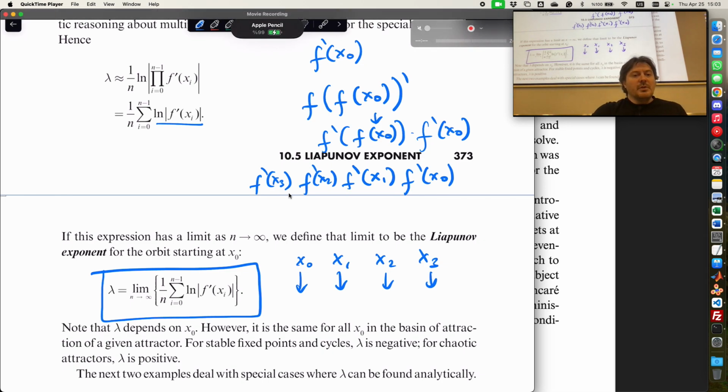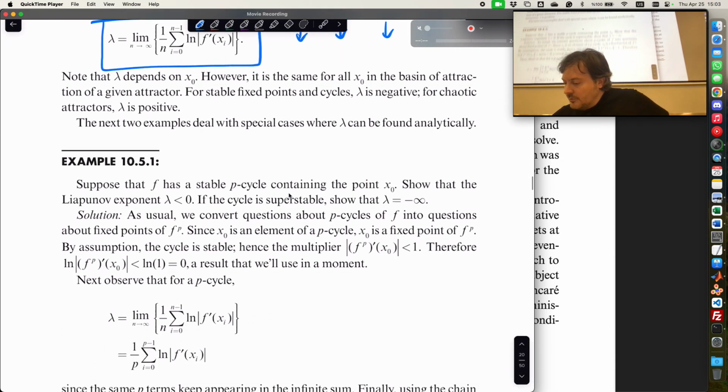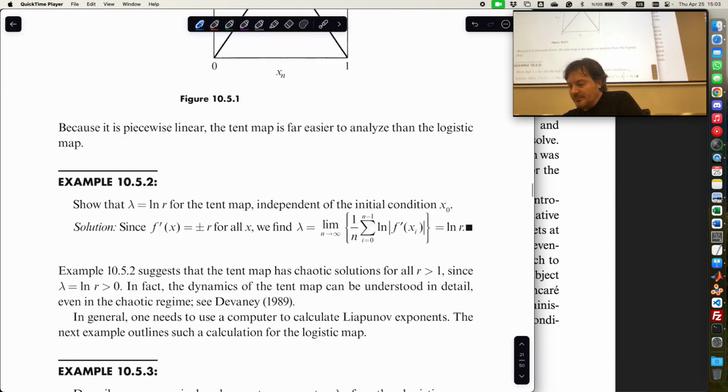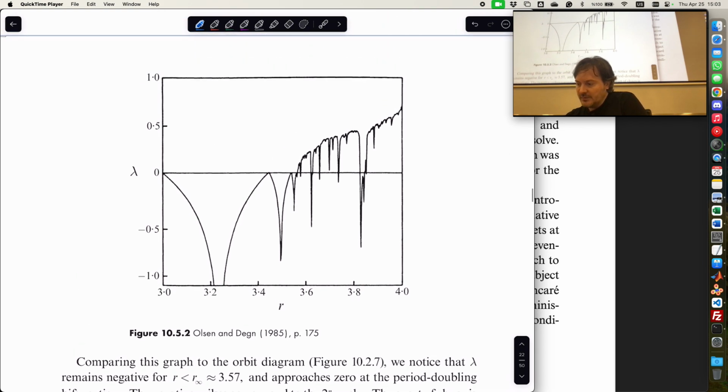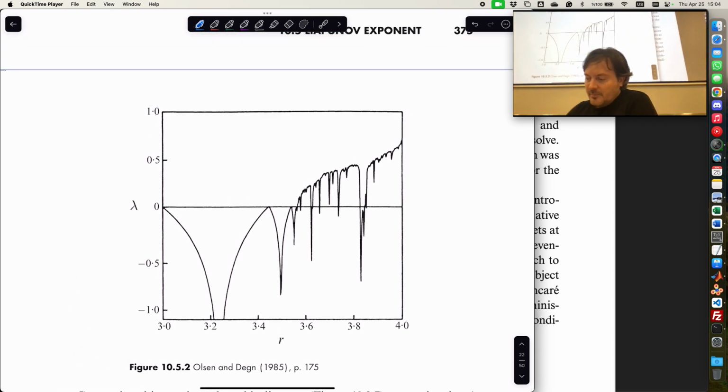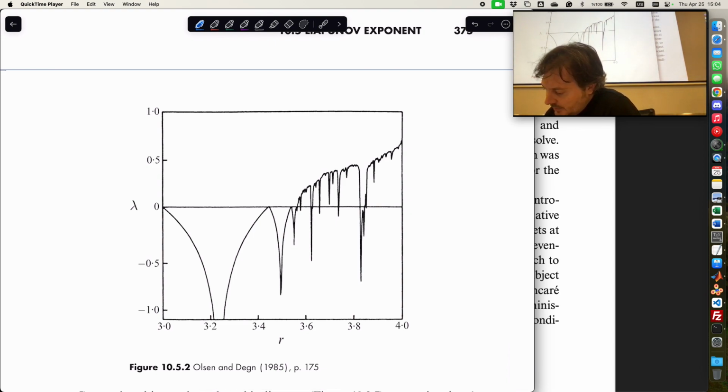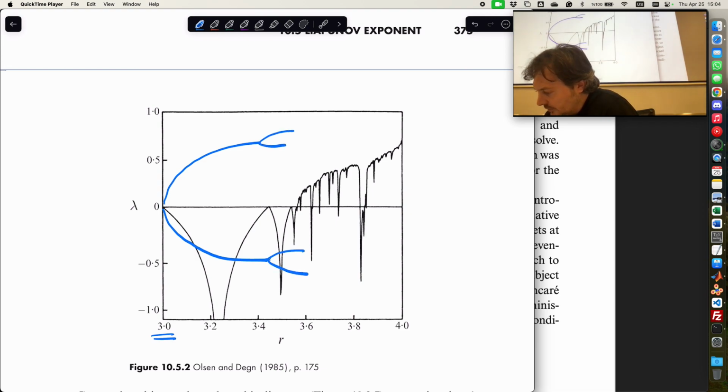Now, what is nice is if you do this for the logistic map, something very interesting happens. Do you remember the bifurcations? There was a bifurcation at 3, and then there was a bifurcation around 3.4. Then there was a bifurcation around 3.5.